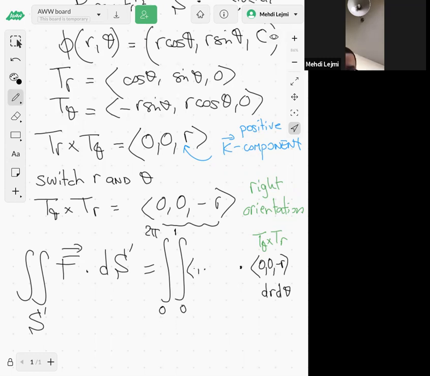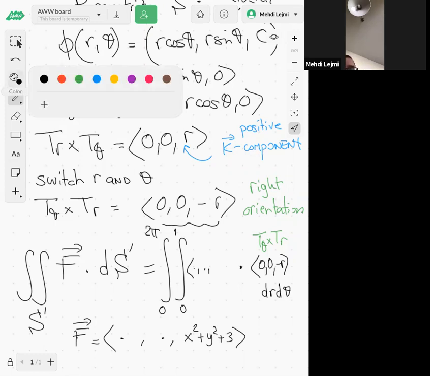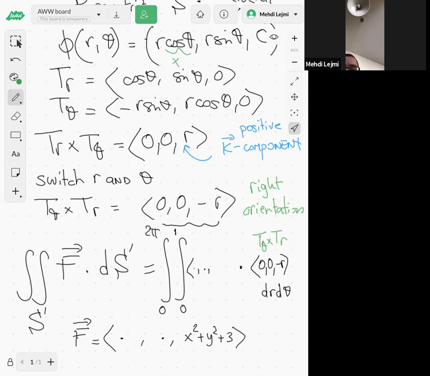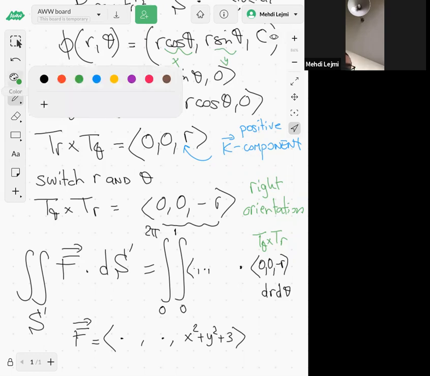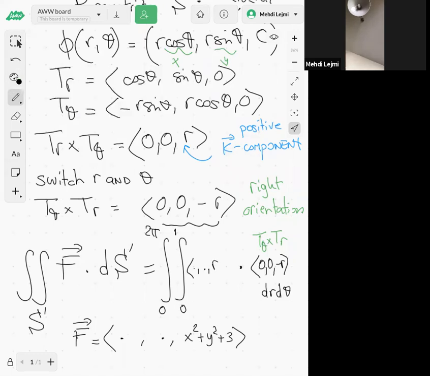All I care about is the third component of F, which was x squared plus y squared plus 3. Along this S prime, x is r cosine theta and y is r sine theta, so that's r squared plus 3.